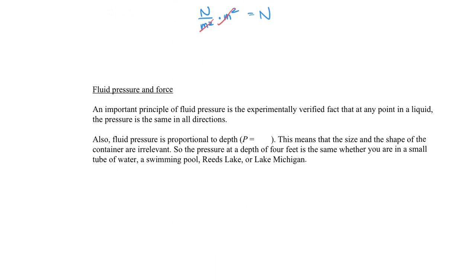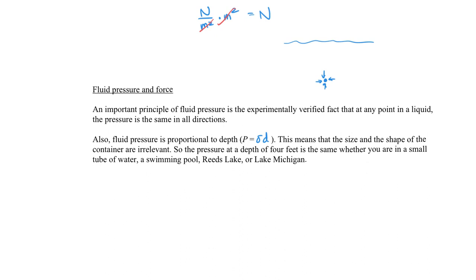So there's an important principle in fluid pressure, and it's the fact that at any point in a liquid, the pressure is the same in all directions. So if you are underwater at some point, at this point here, the pressure in all directions is the same. Okay, so we need to know that. Also, fluid pressure is proportional to depth. And we know that because we have pressure equals weight density times depth.